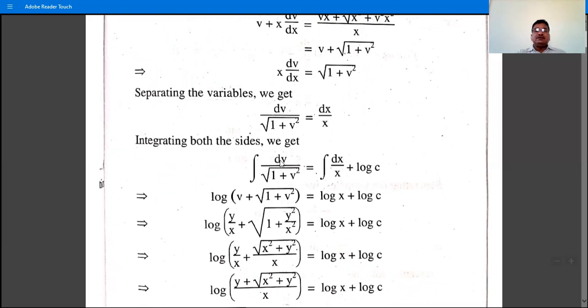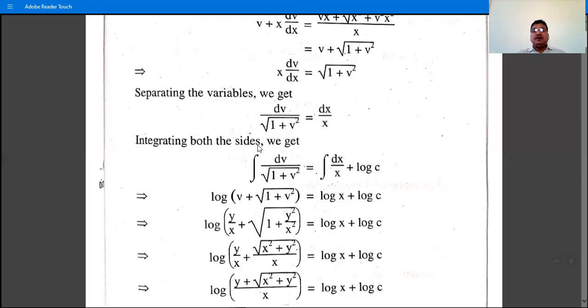And then by using the rule, integration 1 by root a square plus x square is log x plus root a square plus x square.